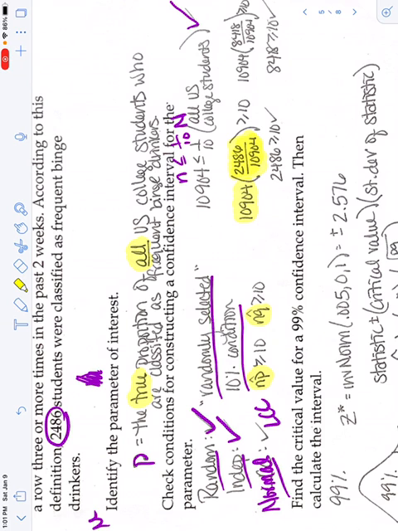And then I leave these p's and q's as fractions because this cancels super nicely, always. And then my q is just the not version of that. So I just take 10,904 and subtract the 2,486. And that gives me the 8,418. And again, those cancel. And we are super normal. Like this is a ridiculously big sample. So we're good.